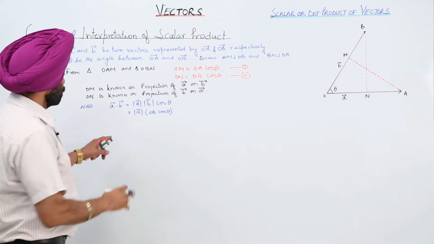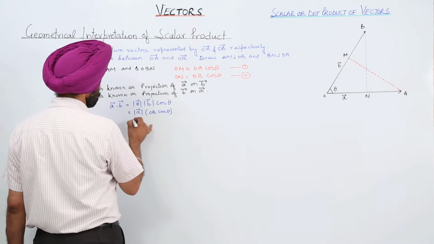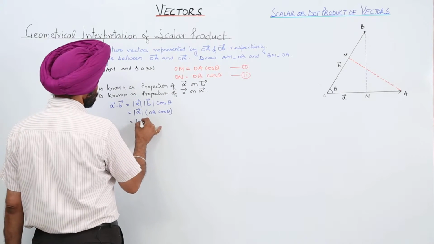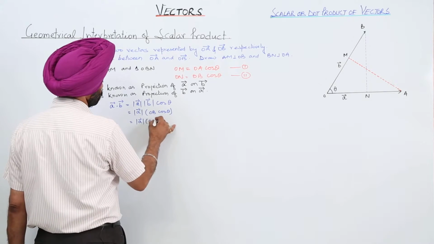Now OB cos theta is ON. So this becomes magnitude of A with ON.